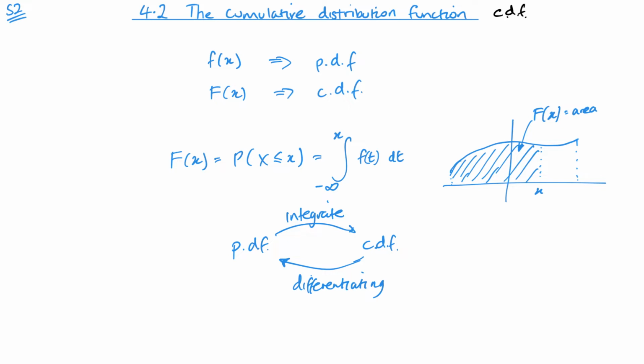So if I differentiate my c.d.f, I'll get back to my p.d.f. So think of that as, my f of x is the same as differentiating that c.d.f. Okay, where obviously the c.d.f is this integral here.